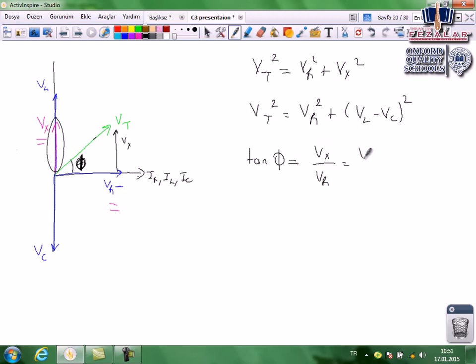What is Vx over VR? VL minus VC over VR. And we can write cosine phi, it is adjacent side over hypotenuse, VR over V total. This is the phasor diagram of voltage of the series combination of an RLC circuit.